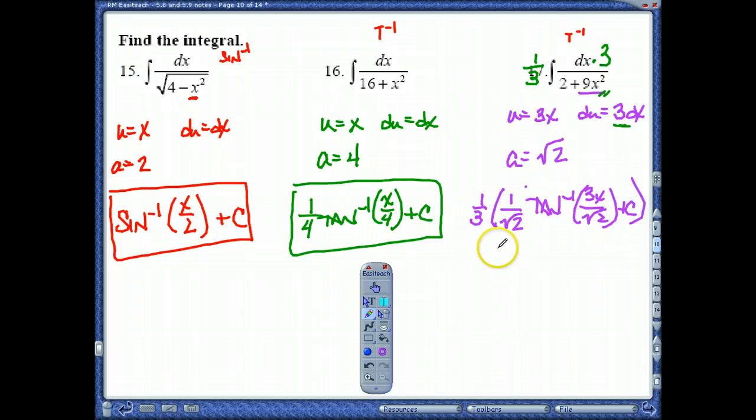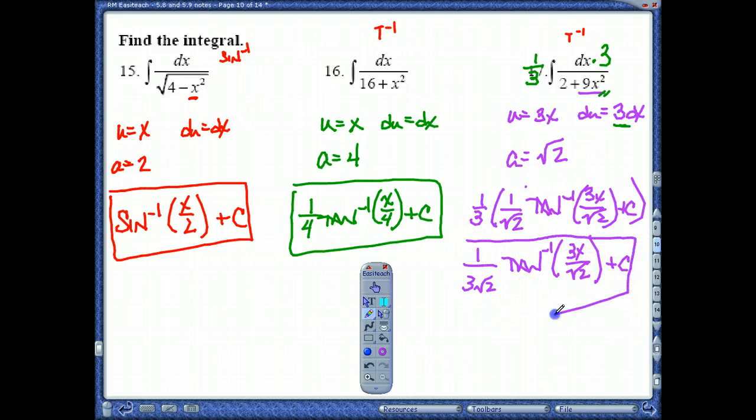Now you can go ahead and multiply your 3 through, so you have 1 over 3 square root of 2 inverse tangent. When I do my inverse tangents, I always like to put the angle in parentheses. You really don't need it, but it gets awfully crazy looking if you don't. All right.